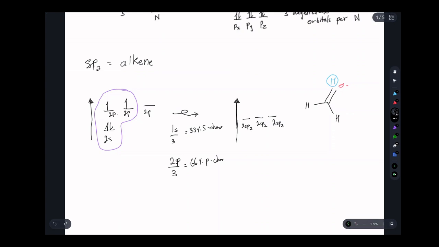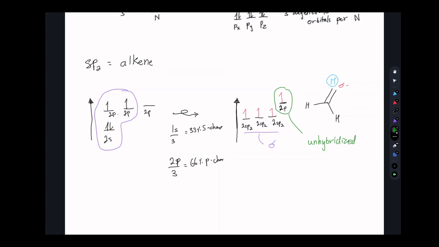Now, what's interesting is that we've left this other 2p orbital alone, and it's going to be higher in energy accordingly. When we fill in our electrons here, we're going to see that we have three hybridized orbitals that are capable of making sigma bonds. But then we have this weird orbital up here, and we're going to call this the unhybridized p orbital.